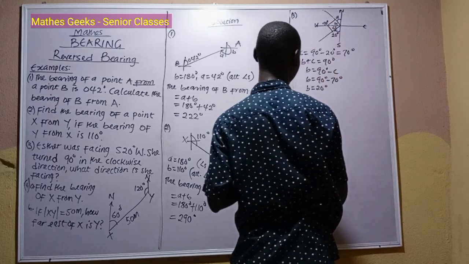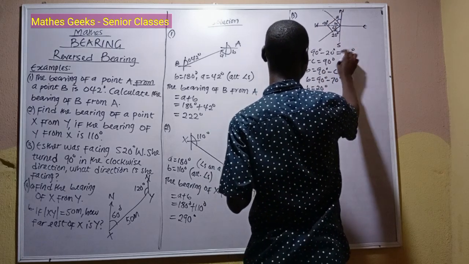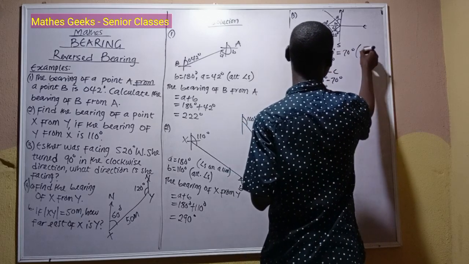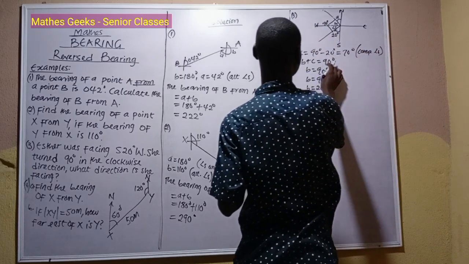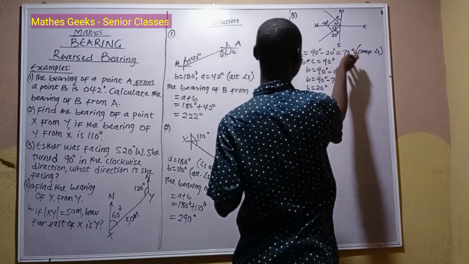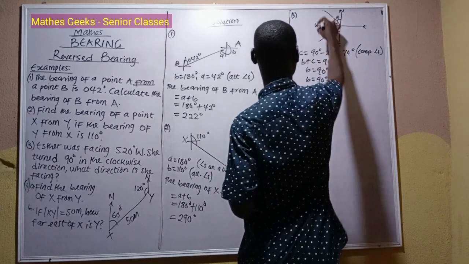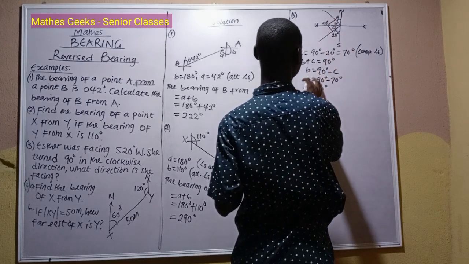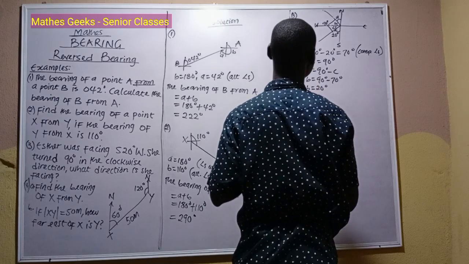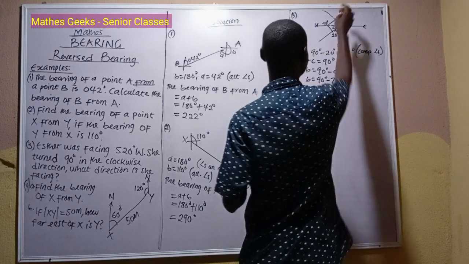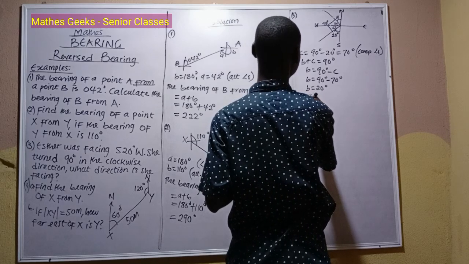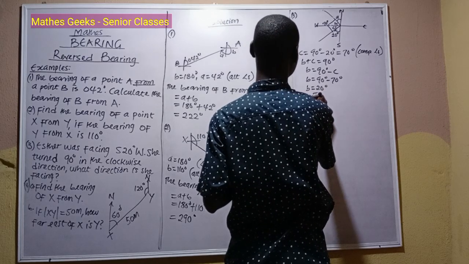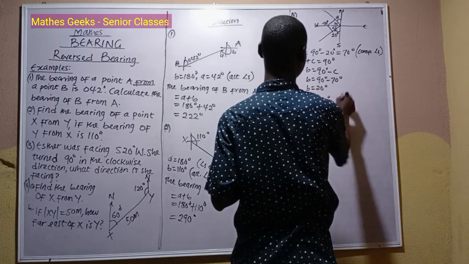That's complementary angles, the sum of angles. Now to get A, A plus B is equal to 90 degrees.